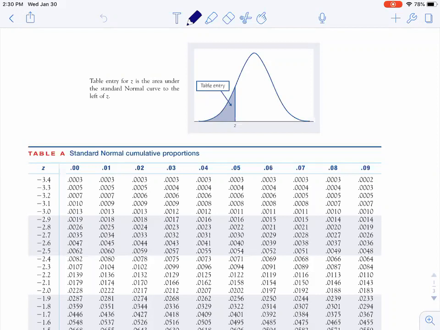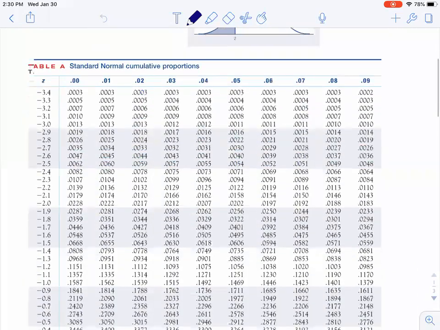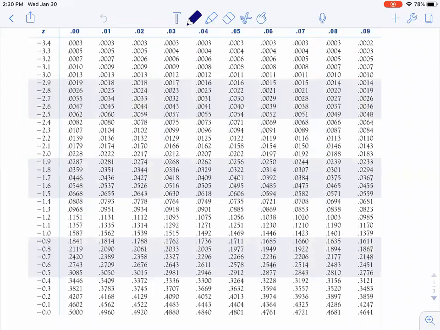If we scroll through here, it's moving from negative 3.49, the largest negative value, and then it moves in tiny, tiny increments, giving you the area to the left.